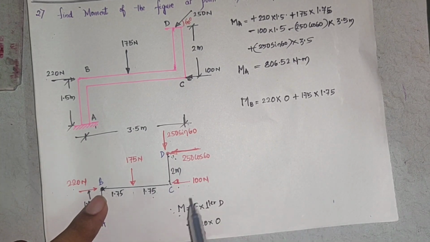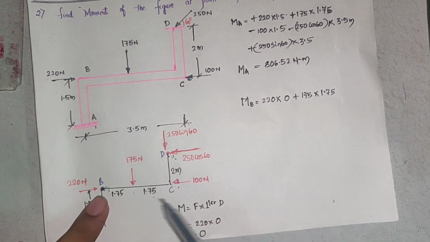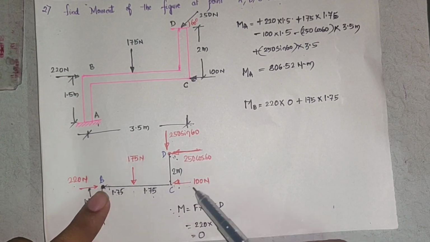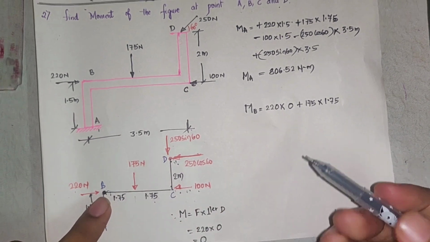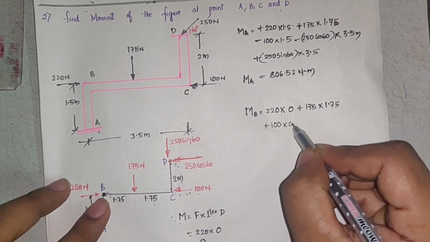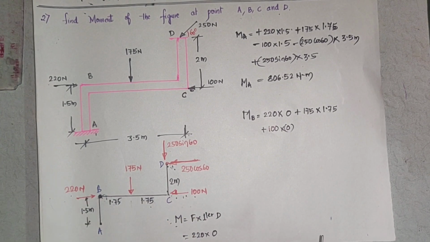The line of action of this 100 Newton is also passing through point B. So the perpendicular distance of 100 Newton about point B is also 0. I'll write plus 100 into 0, which means the effect caused by 100 about point B is also 0.